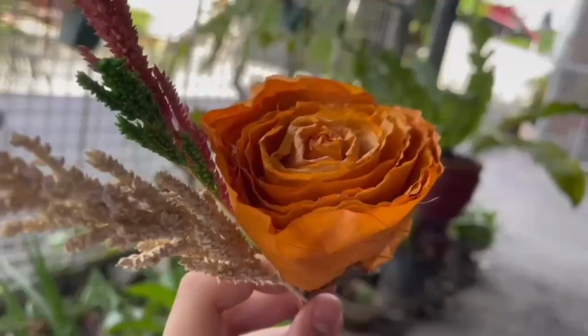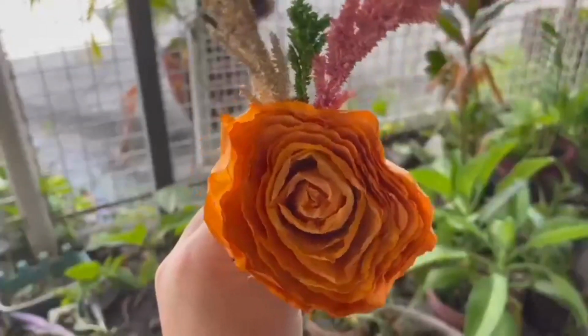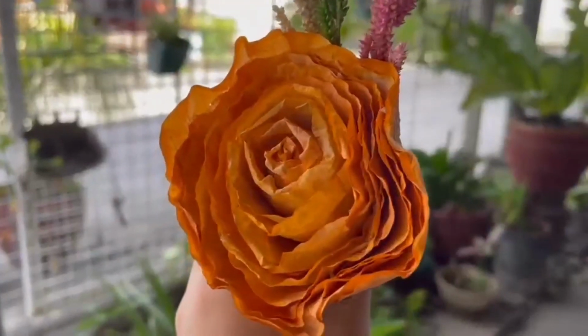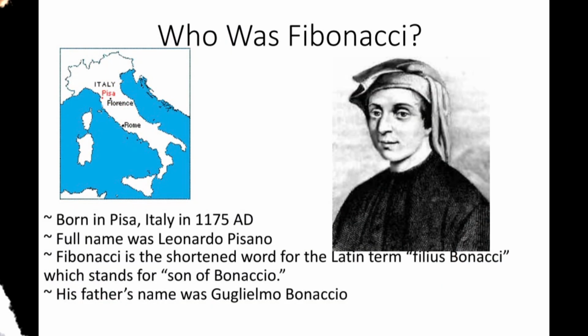The way the petals grow creates a natural spiral that helps the flower use space efficiently and bloom beautifully. This sequence was introduced by Leonardo Pisano, better known as Fibonacci, in his famous book, The Book of Calculation.